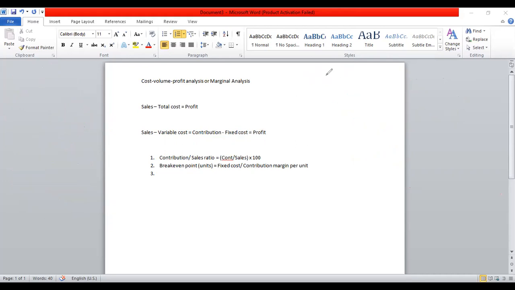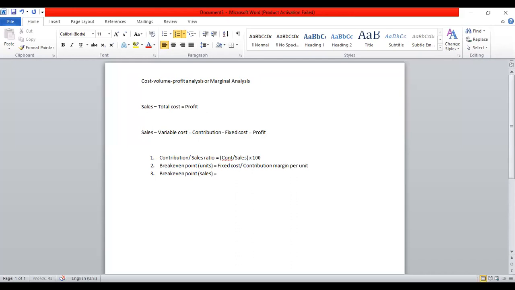I will show another graph. Fine. After this, the third equation is about the break-even point, but in terms of the sales value. The value of sales is not just the number of units, but the sales value.